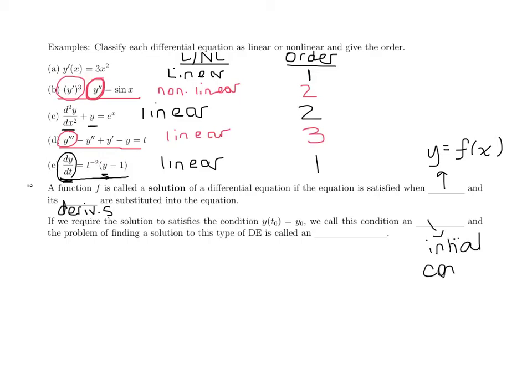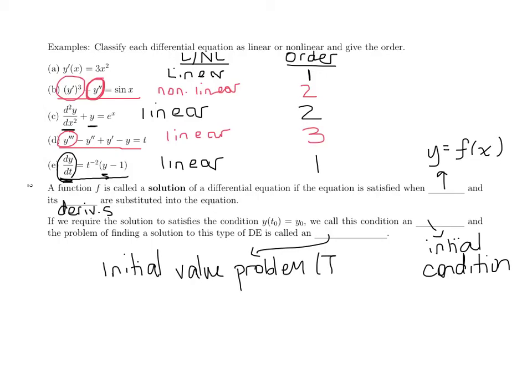So you'll hear me use that phrase a lot, like, oh, we're looking at an initial condition. And the problem of finding such a solution to this kind of differential equation is called an initial value problem. And we'll see a lot of these as well, so you want to make sure you're familiar with that terminology, what's known as an IVP, an initial value problem. Okay, so that's the situation.